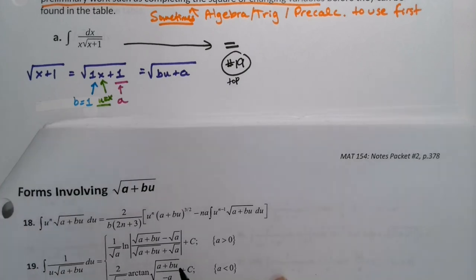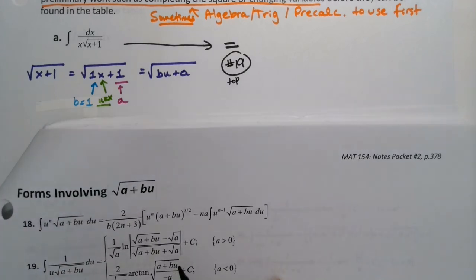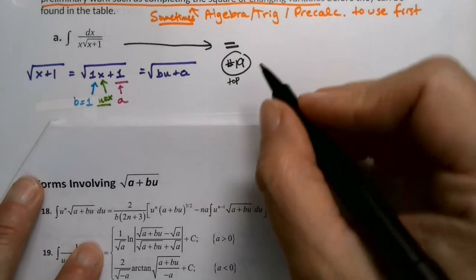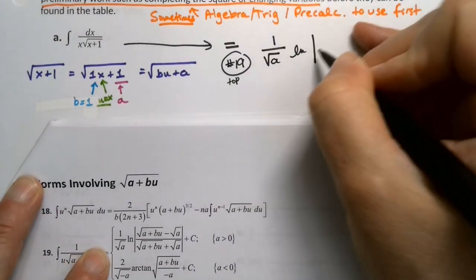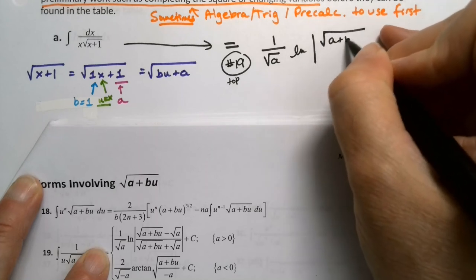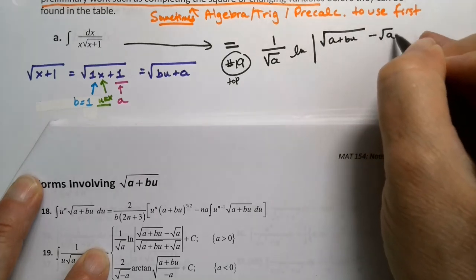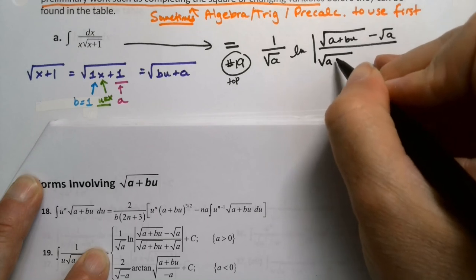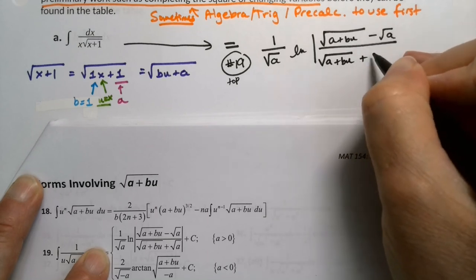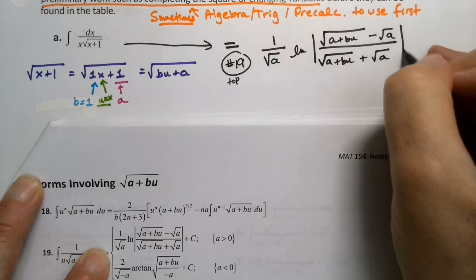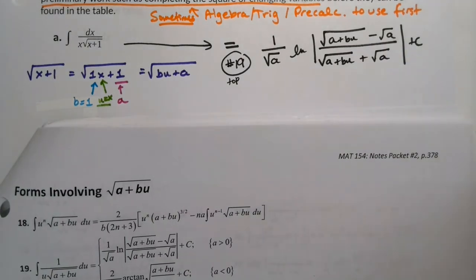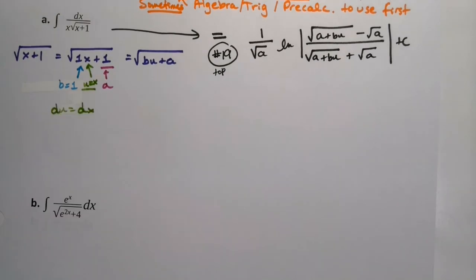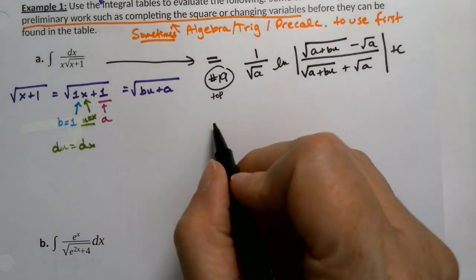It's not unheard of. It happens a couple times in the table. So it's 1 over the square root of a, natural log, absolute value, square root of a plus bu minus the square root of a, over square root of a plus bu plus the square root of a, plus c. There's the formula. Now I'm going to substitute in a and b; c is a constant.